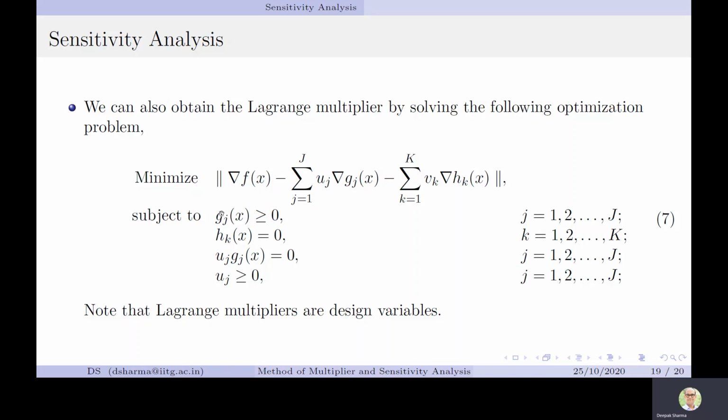And this problem is subject to all the constraints, as we have understood from the KKT conditions. Here, the important point is that the X vector is constant, because we are checking at a given point. But who are the variables? The variables are the Lagrangian multipliers, which are Uj and Vk. This point we have to remember.